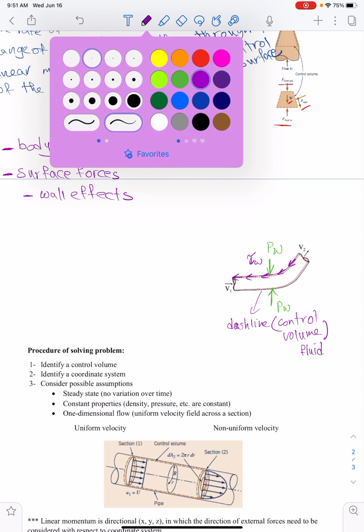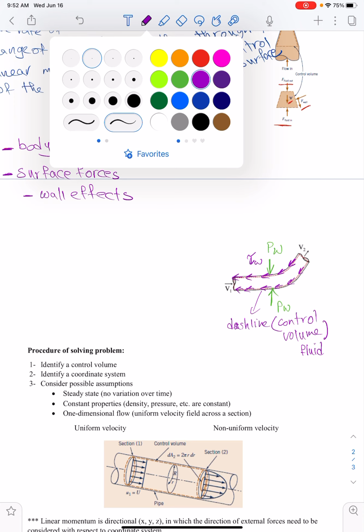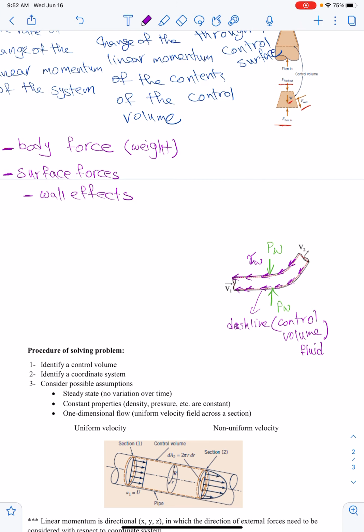And again, we also have the shear stress on the bottom part of our figure right here. And what else do we have? Yes, the other one that we have is the pressure effect.